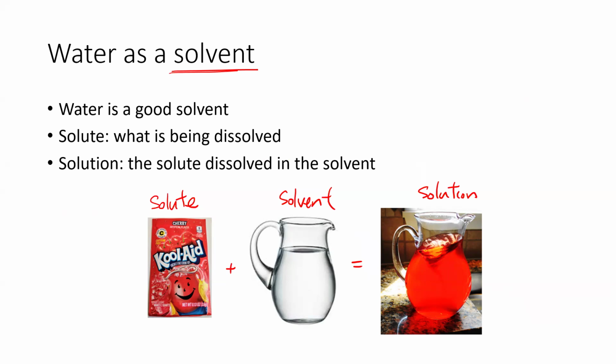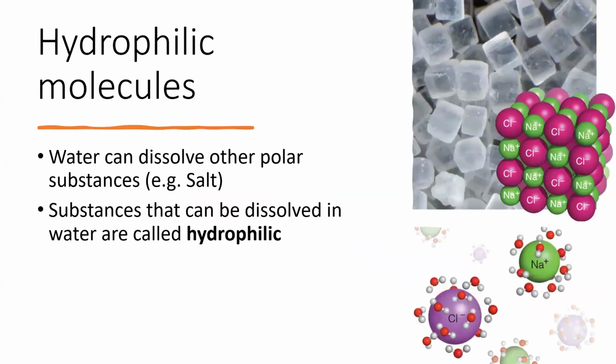Okay, so give me an example of something that you can dissolve in water. Salt, that's right. Sugar, yeah. So salt and sugar are what we call hydrophilic molecules. Hydro is water. Philic is loving.